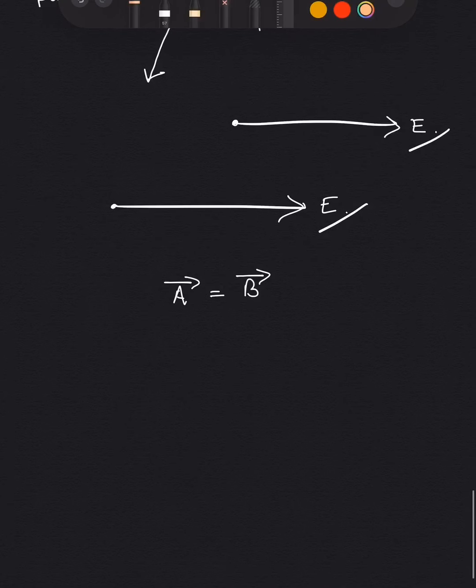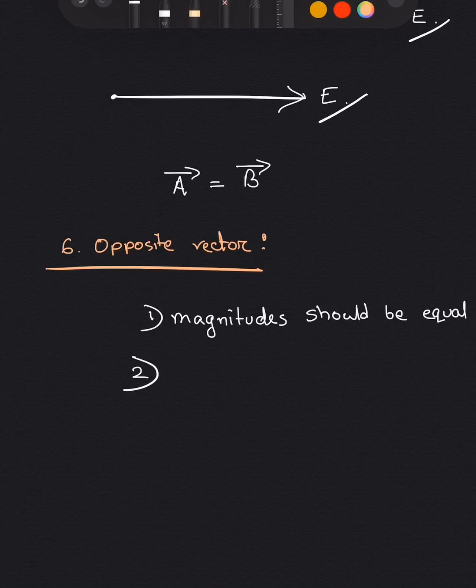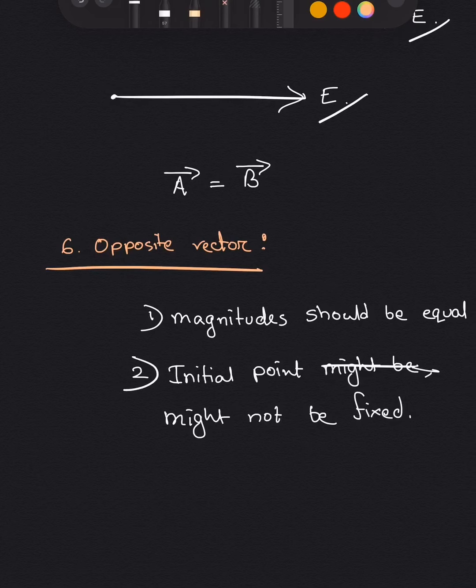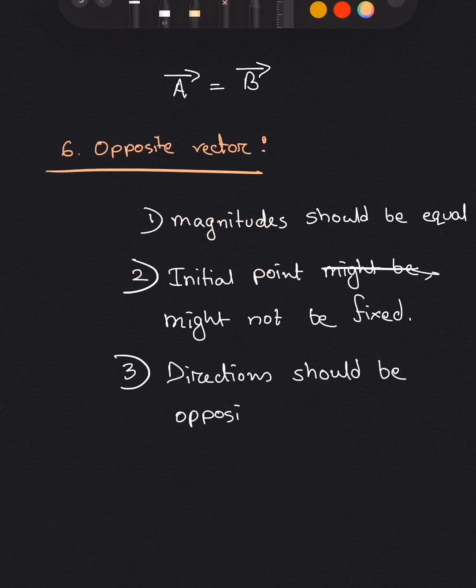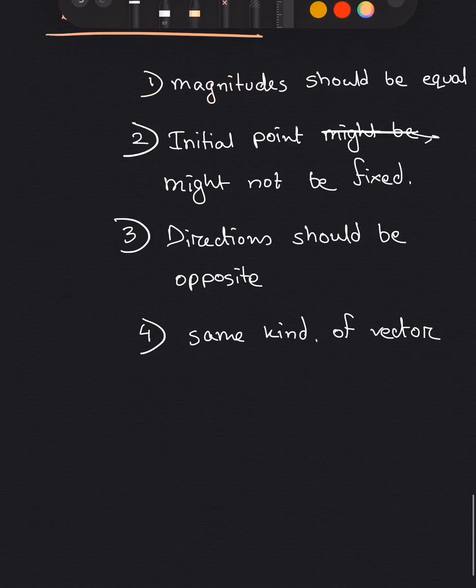Now coming to our sixth type of vector, which is opposite vector. It is exactly the opposite of equal vector. So what is it? In this case, number 1, magnitude should be equal. Number 2, initial point might not be fixed. Number 3, direction should be opposite. Number 4, same kind of vectors. Number 5, parallel to each other.